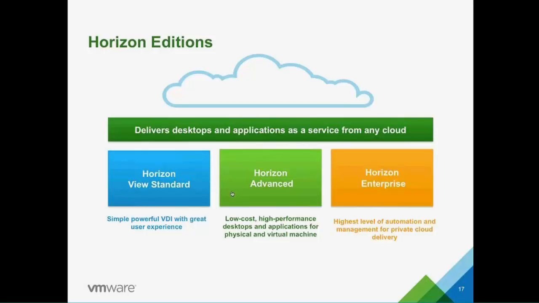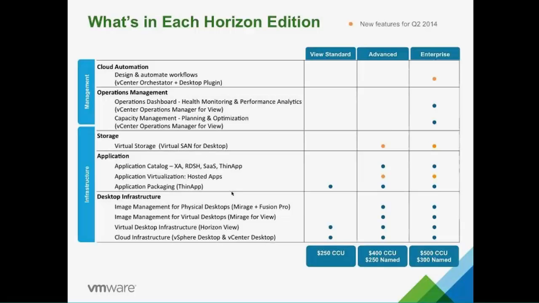So what's included inside of each of these Horizon editions? Well, let's take a look. So we can see here that inside of Standard, like I said, keeping it pretty simple, very straightforward. Horizon View Standard will include Horizon View, right, to stand up the virtual desktop infrastructure.